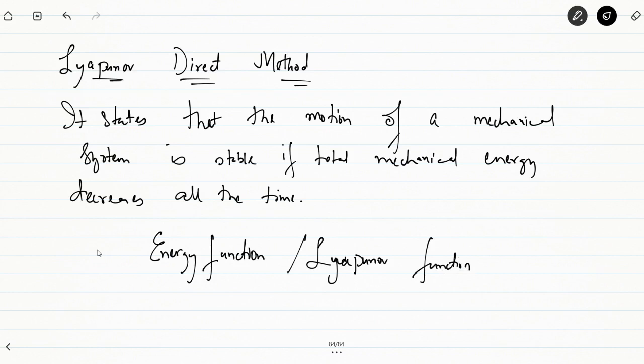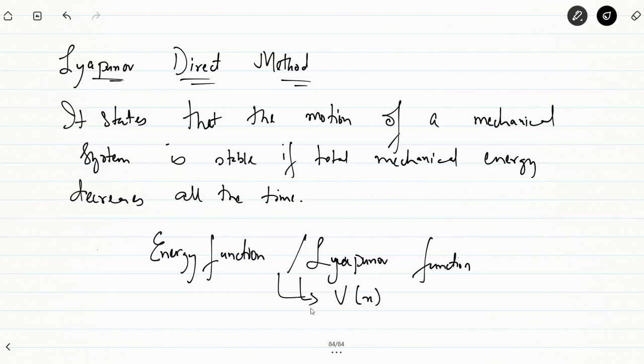So in this case, we'll be constructing an energy function for the system and examining this function. It will be a time varying function, known as a Lyapunov function, and we denote this by V of x.